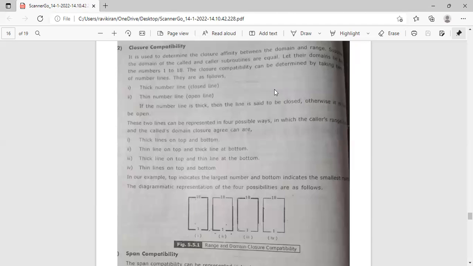The two types are the thin number line and the thick number line.